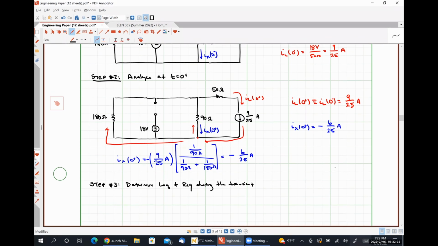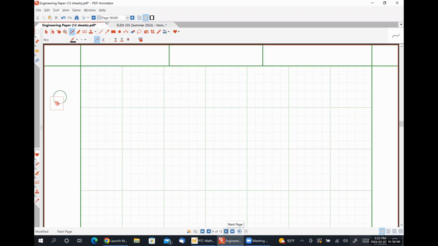So looks like I'm going to have to do this on the next page. So during the transient condition with a dead network, we are going to have the 180 ohm resistor. Our 18 volt source is going to be a short circuit.